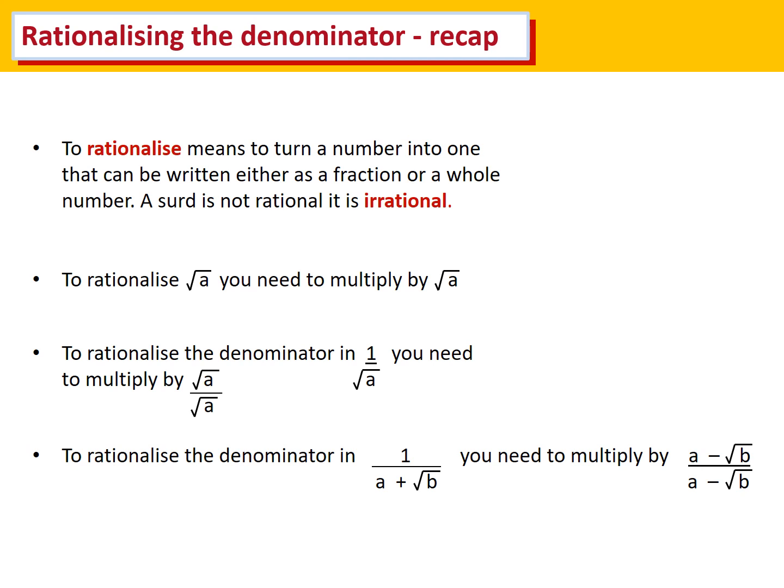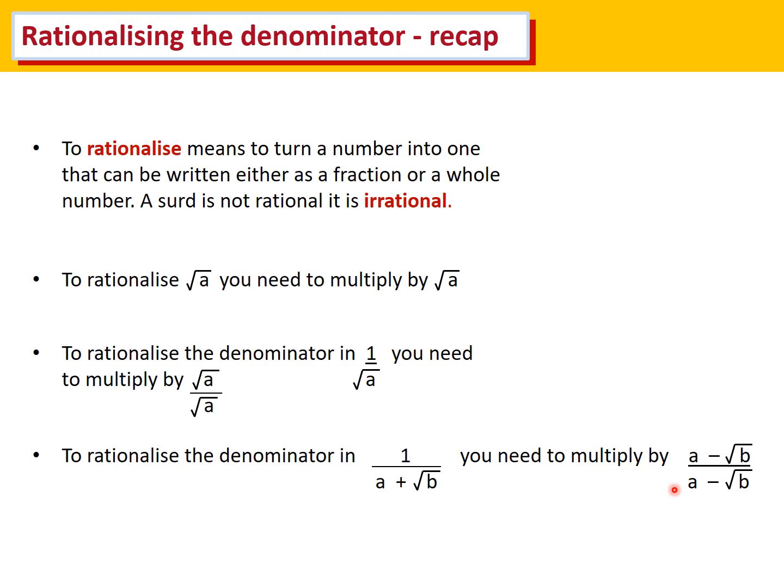If your original fraction has a denominator of a plus root b, then you would multiply by a subtract root b over a subtract root b. The two key parts here. One, if you multiply by that expression there is 1, so you are not changing the value when you multiply something by 1.